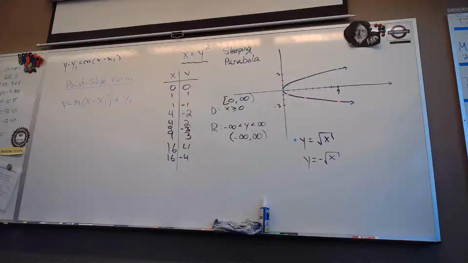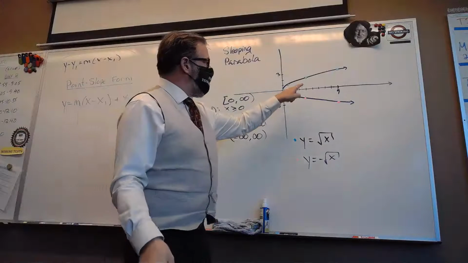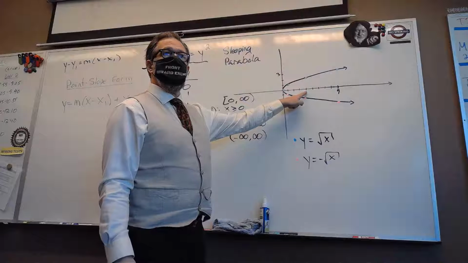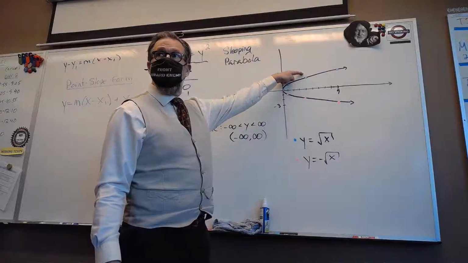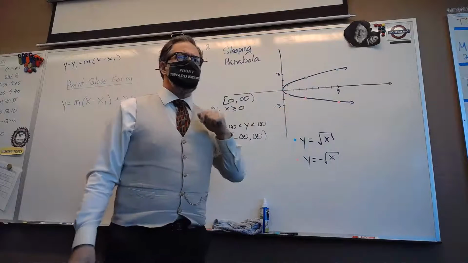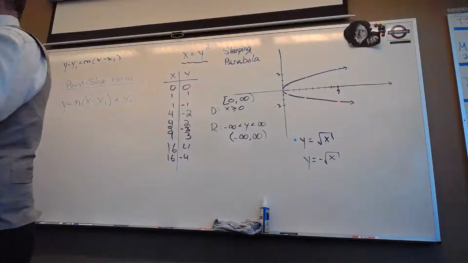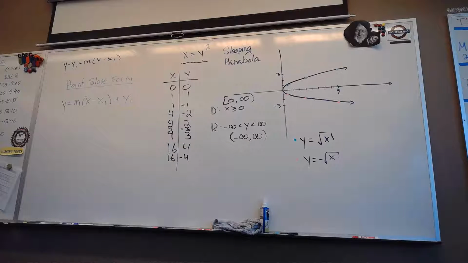That is not a function because it's not predictable. There's no guarantee of what's going to come out of that soda machine. When you type in x equals 4, you get either y equals 2 or y equals -2. You cannot do math based on a non-function because you have to have a predictable result.